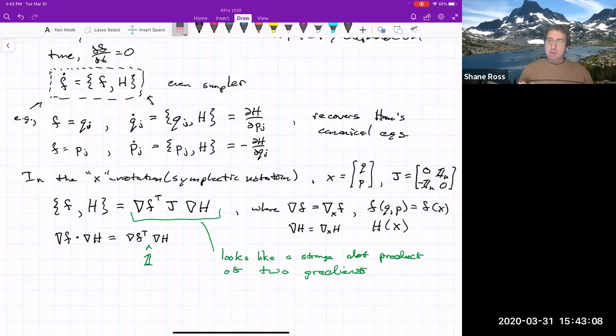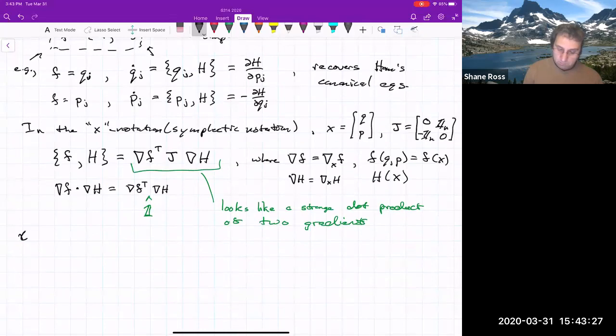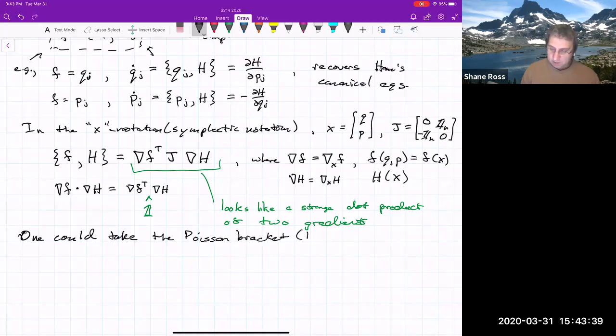And you might wonder, well, why are we just using h? Given this strict mathematical definition of what the Poisson bracket is of two scalar functions, you could take the Poisson bracket of any two functions. Sometimes I'll abbreviate this as PB.